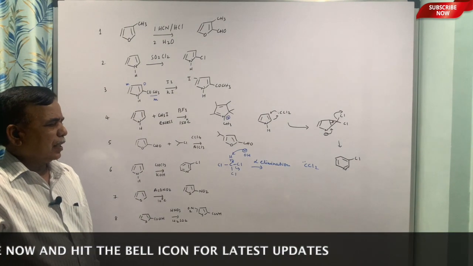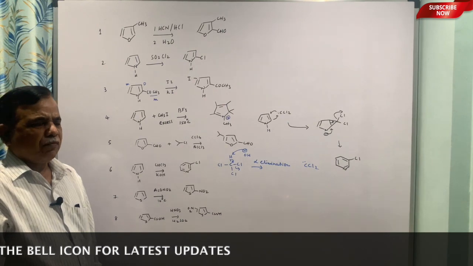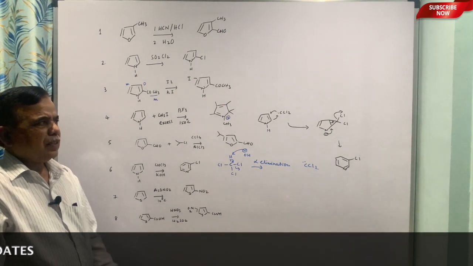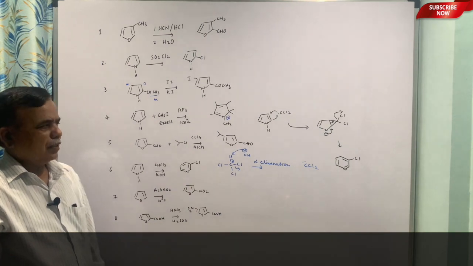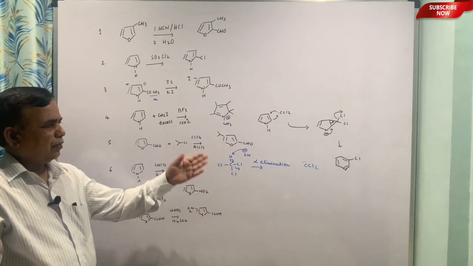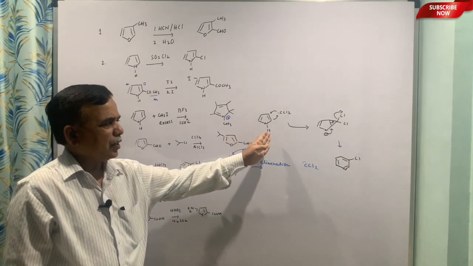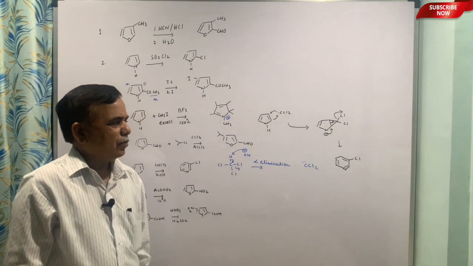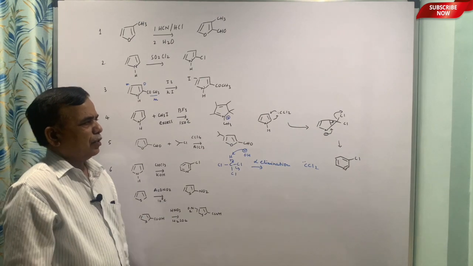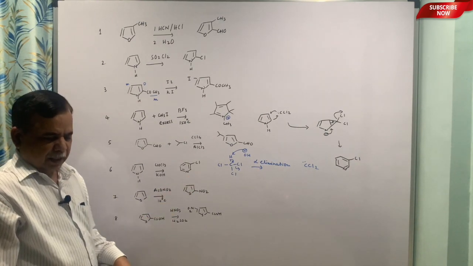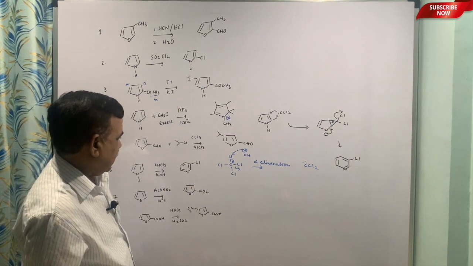We know that carbenes can add to a double bond and form the cyclopropane. This is a dichlorocyclopropane derivative, and then you can easily abstract the proton. This is acidic, and then you can bring about the elimination of Cl minus. That is how you get the 3-chloropyridine as a product in this reaction.